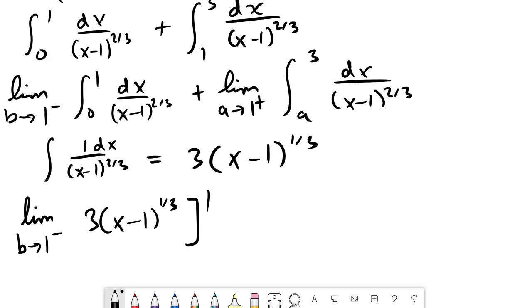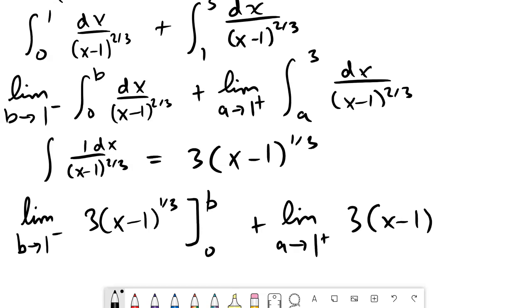I should have put b here, I forgot. Okay, so there we go. That should be our first part, and then we want to add the limit as a approaches 1 from the positive side of, not the integral since I evaluated it, 3 times x minus 1 to the 1/3, from this to there.